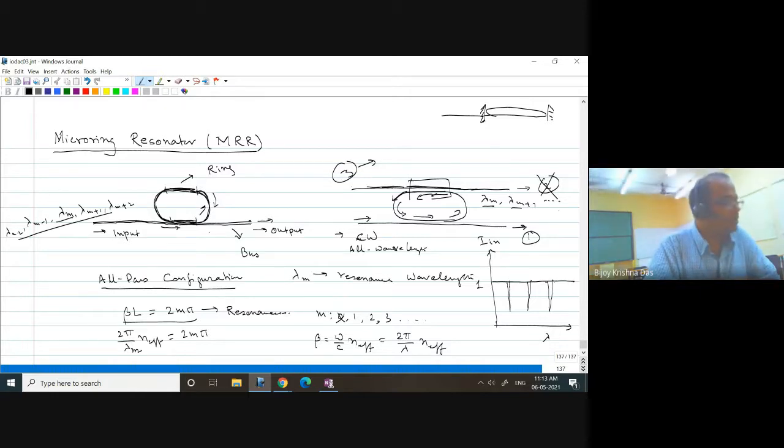So no backward direction propagation is happening. In this particular situation, it is still considered a resonance, though it is not a standing wave. This is the interesting part of the ring resonator, that it is resonant but has no standing wave. It is a traveling wave resonance condition, with one-way propagation.